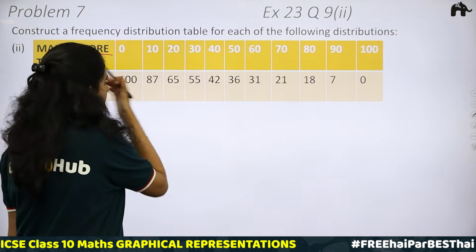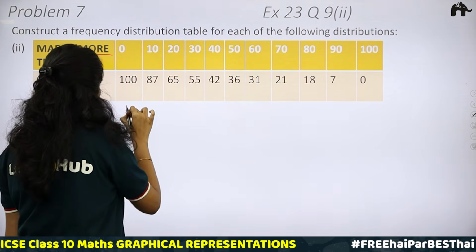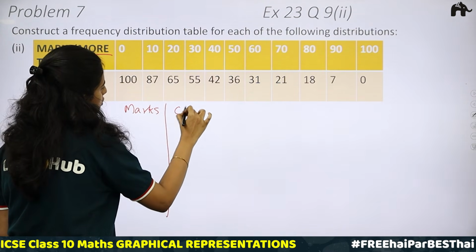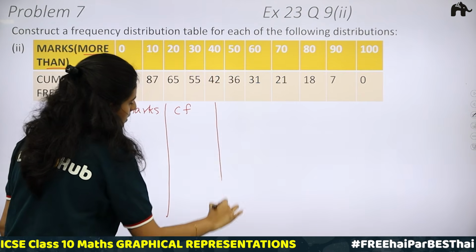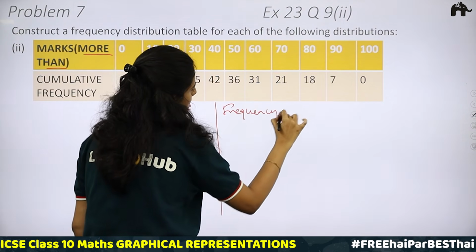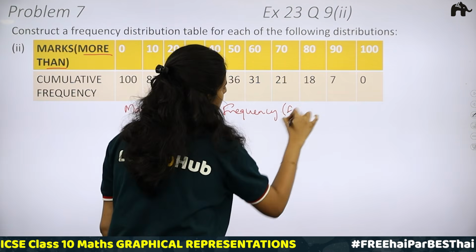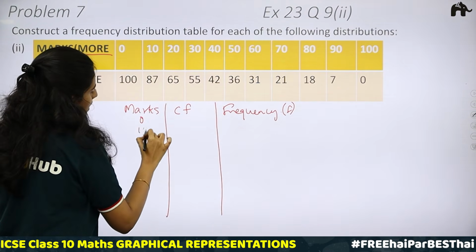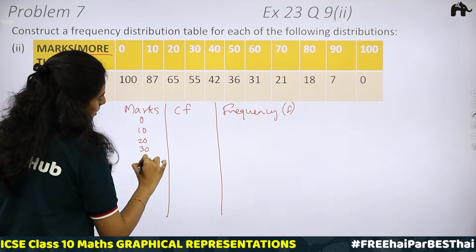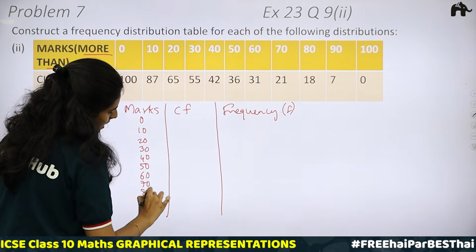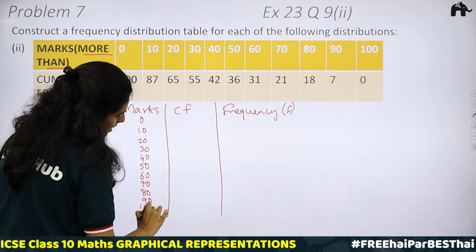Now we can construct the columns. First column, the marks. Second column, we have the more than cumulative frequencies, and we have to find frequency to construct the frequency distribution table. Okay, so the marks, more than marks, we have 0, 10, 20, 30, 40, 50, 60, 70, 80, 90 and 100.